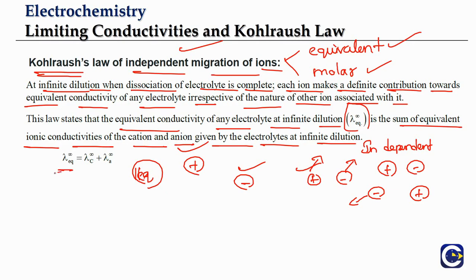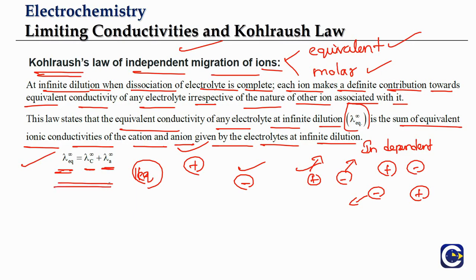So the equivalent conductivity of the electrolyte will be equal to what? It will be equal to the equivalent conductivity of the cations plus the equivalent conductivity of the anions. So this is the Kohlrausch law in terms of the equivalent conductivities. Just observe it.